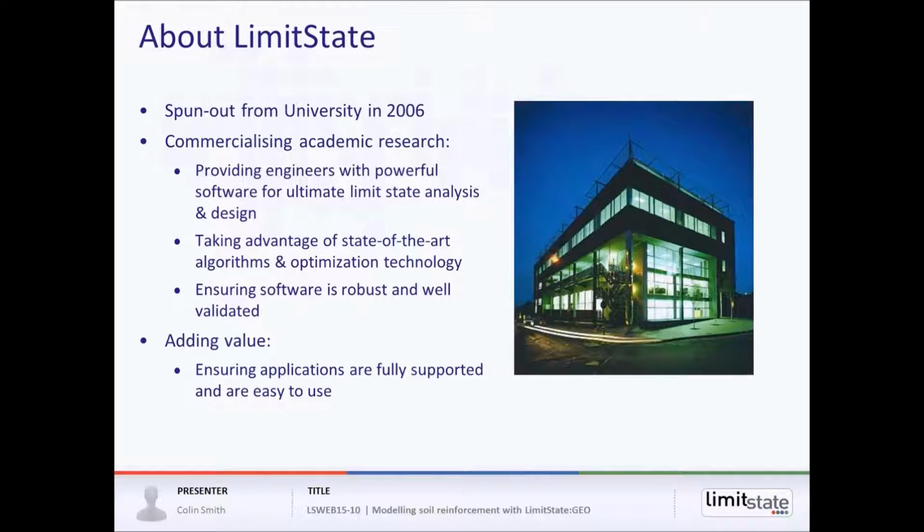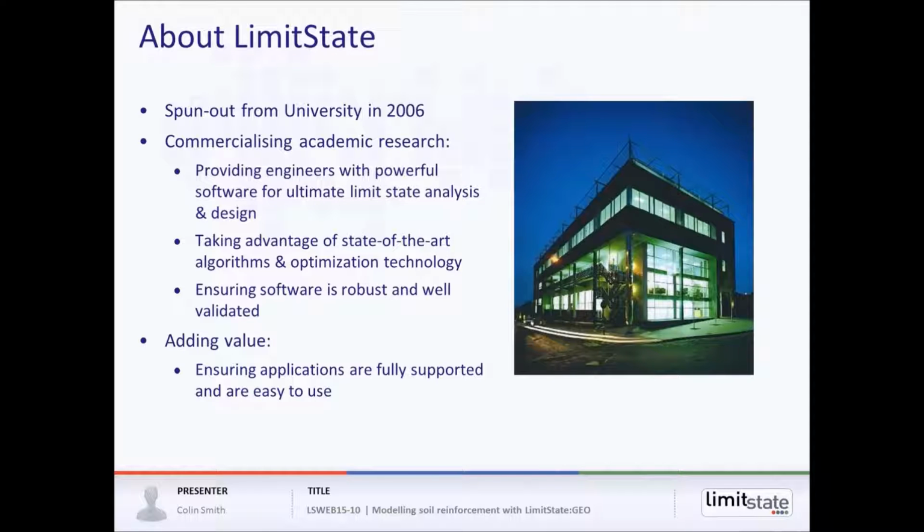Now, for those of you who are new to this webinar series, I think it's useful to first give a little bit of context to the software and to the company LimitState. The University of Sheffield has been conducting research into limit state analysis and design and use of optimization in civil engineering for almost 2 decades now. And the company LimitState was spun out from the University of Sheffield in 2006 with the aim of making this research available to industry. As industry users, you want not only powerful tools, but of course ease of use and support, which is exactly what LimitState is able to provide.